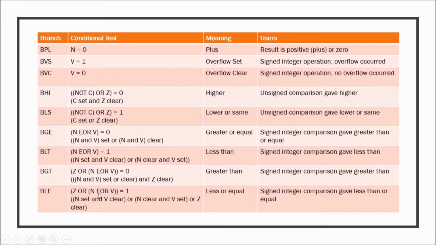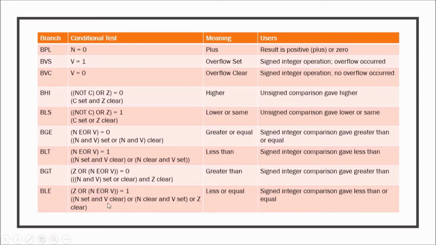The next branch is BGT. BGT means greater than. The conditional test is N and V must be set or clear and Z is clear. The branch occurs if the comparison is greater than. The last branch is BLE. BLE means less than or equal. The conditional test is N set and V clear, or N clear and V set.